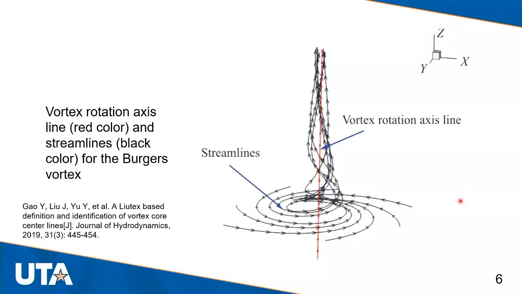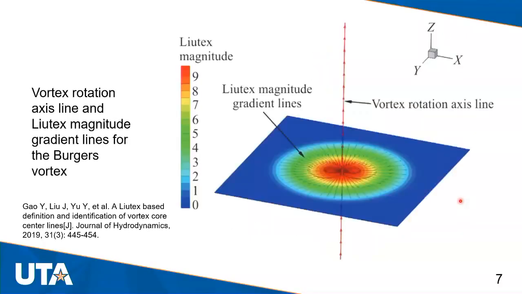You can see it is the vortex core, and this figure explains the idea. We have a Liutex direction, and there is a plane perpendicular to this direction, and the point that's the local maximum inside the plane is the vortex center point, right?